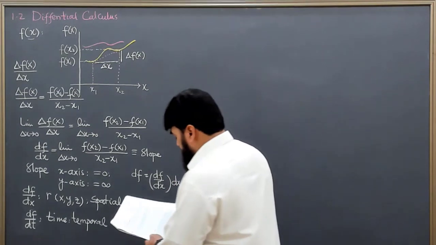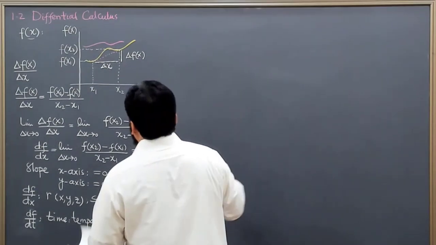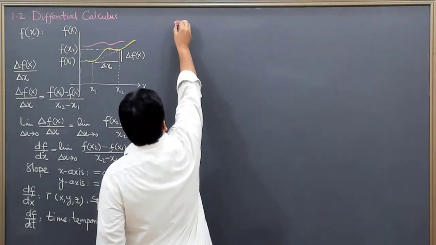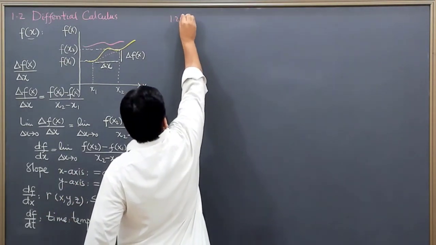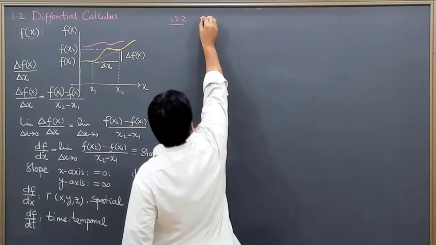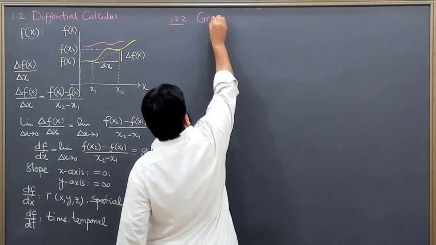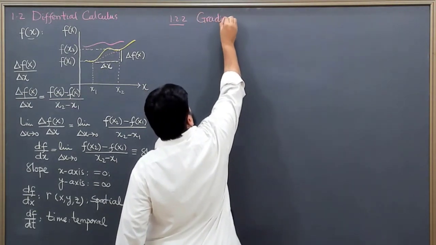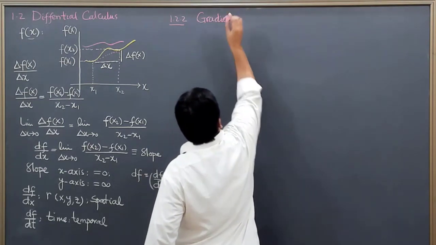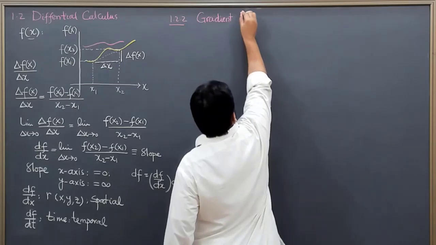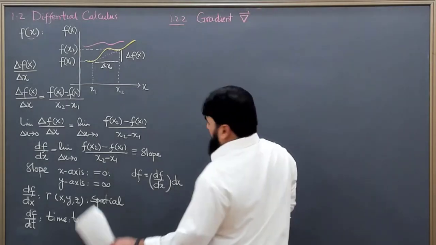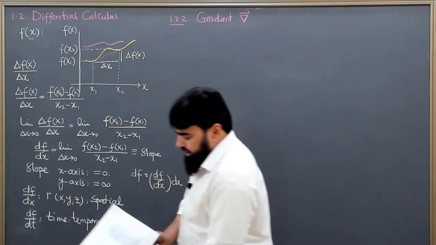We now discuss the directional derivative, which is section 1.2.2, and we call this the gradient. The gradient is represented by an operator which we call the del operator.